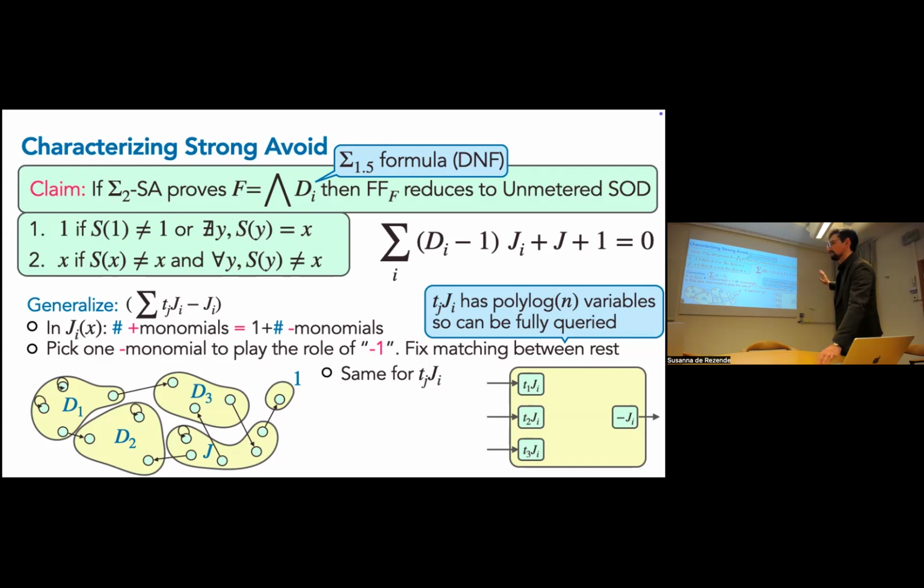That's the same. Okay, so I think that's about time, and this basically completes the proof. Hopefully that gives you some idea of how to do these characterizations for sigma 2 proof systems. Okay. Thank you.